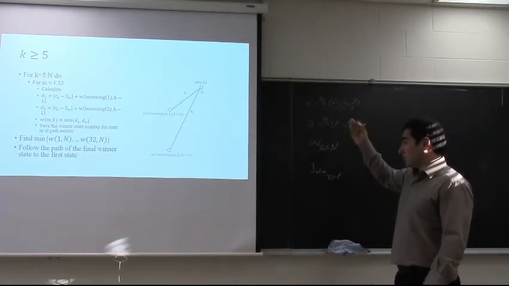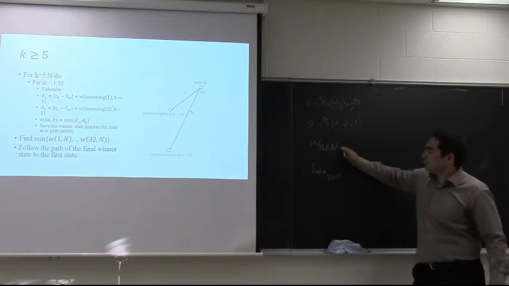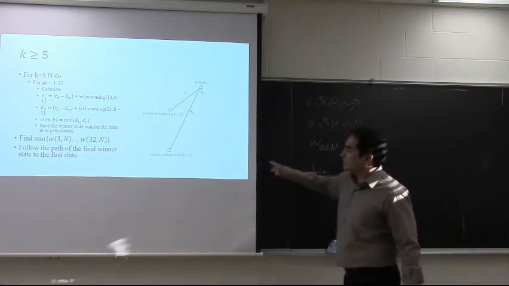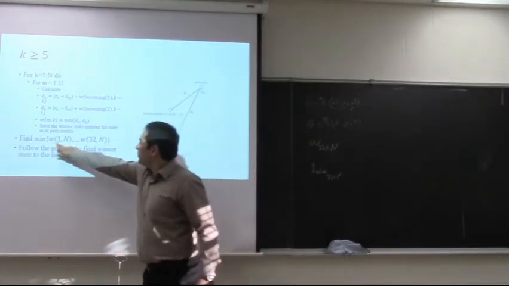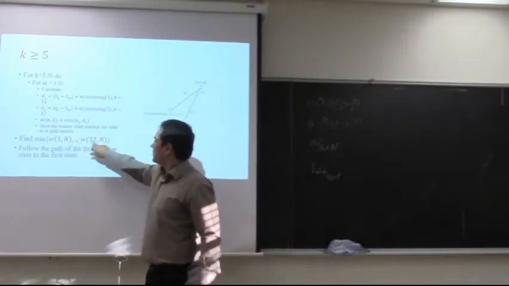But for k equal to 5 or greater than n, you need to create this one. Use the last one, and find the minimum for n, which is the last step. Which one is the minimum?